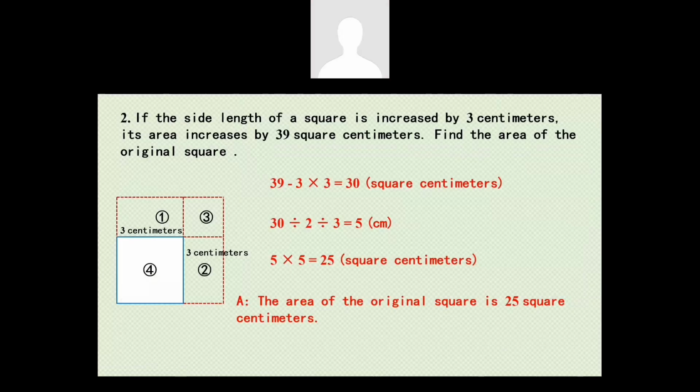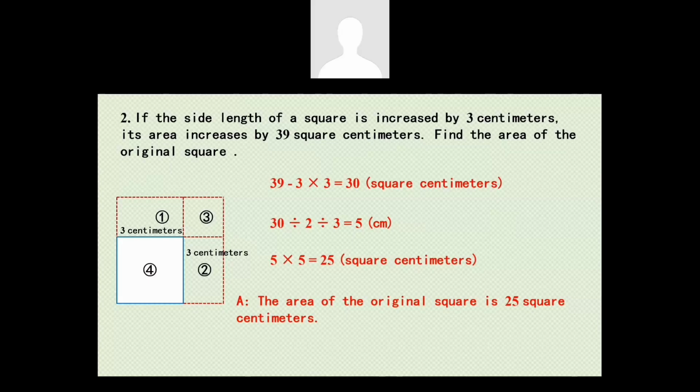Yeah, perfect explanation. The key steps are on the screen. Increase in area 39 equals 2 strips plus the 3 times 3 corner. Corner area equals 9.